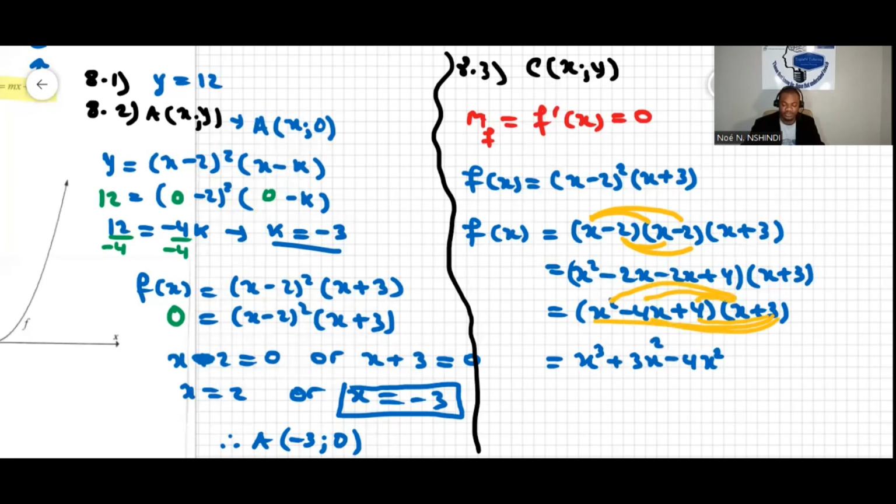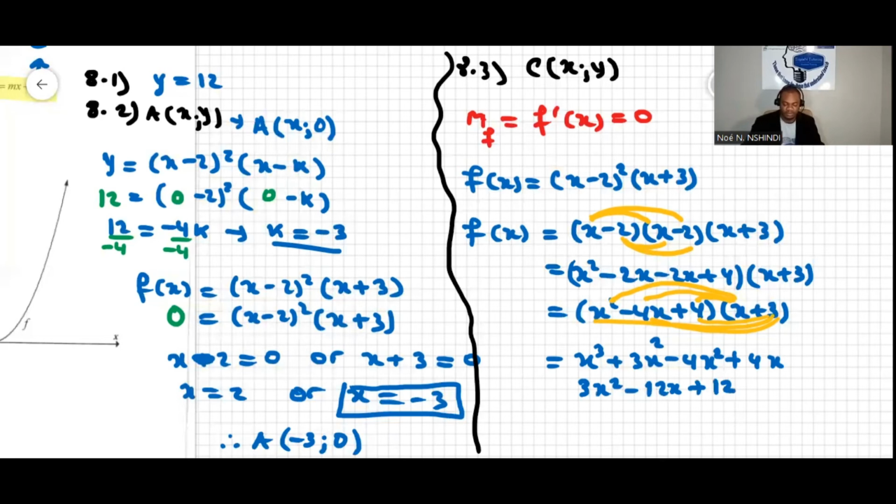x squared times x makes x cubed, x squared times 3 makes 3x squared, and negative 4x times x will make negative 4x squared, and then x here times 4 makes positive 4x, and then 3 times x squared makes 3x squared, and then 3 times negative 4x makes negative 12x, and then 3 times 4 makes positive 12.